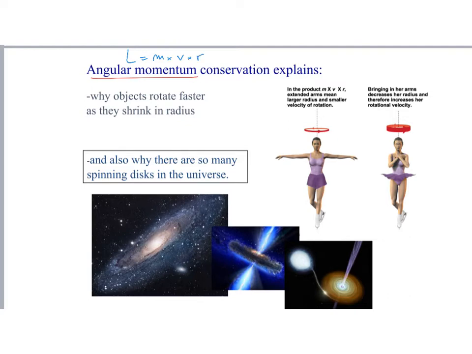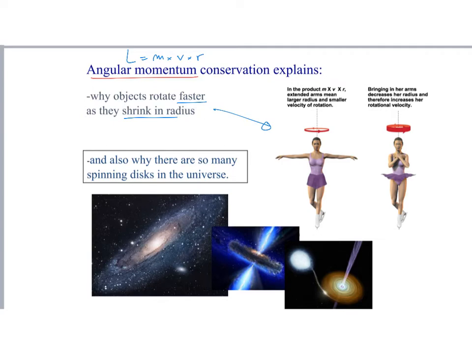The angular momentum is very useful when we characterize things that change direction, actually things that rotate around something. Okay, so it turns out the conservation of angular momentum explains why objects rotate faster as they shrink in radius. Look at this example, the skater.